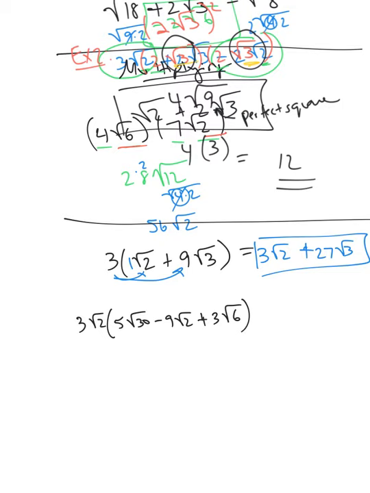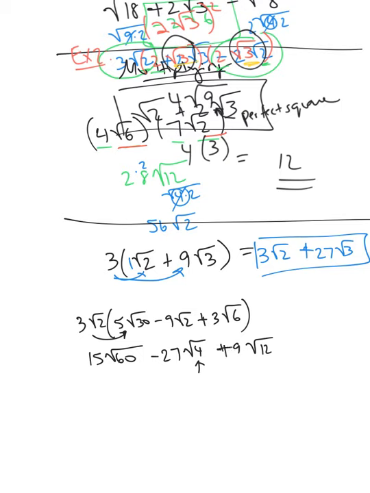So when I distribute, I have the 3 times the 5, which is 15, and then radical 2 times radical 30 is radical 60, minus 3 times the 9 is 27, and then radical 2 times radical 2 is square root of 4, right? That's going to be a perfect square. I'm going to simplify that. And then 3 times 3 is 9, and square root of 2 times square root of 6 is square root of 12. Now everything can be simplified.